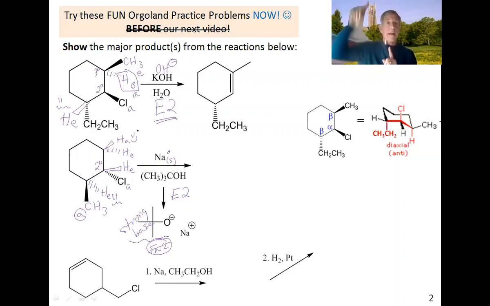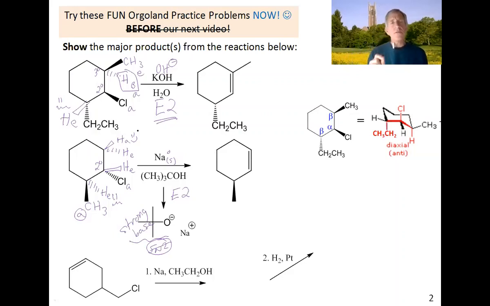So I still have my trans diaxial beta hydrogen to the leaving group on my chair, and this will cause an elimination to occur. So you will get 100% of this product. And you would get 100% of this product even if you used the KOH from the previous reaction. This is really nice. We like syntheses that only want to make one product.